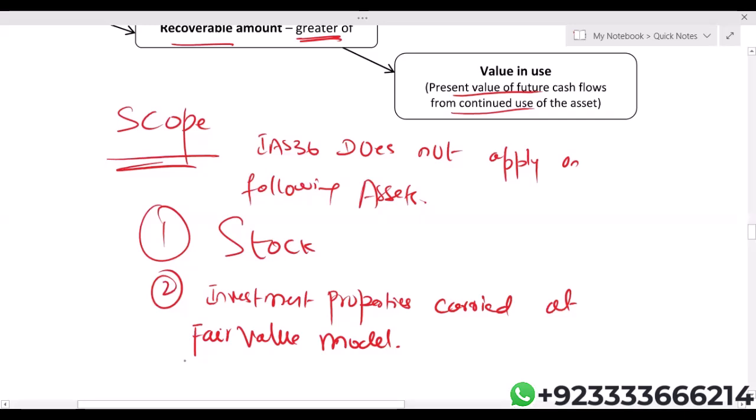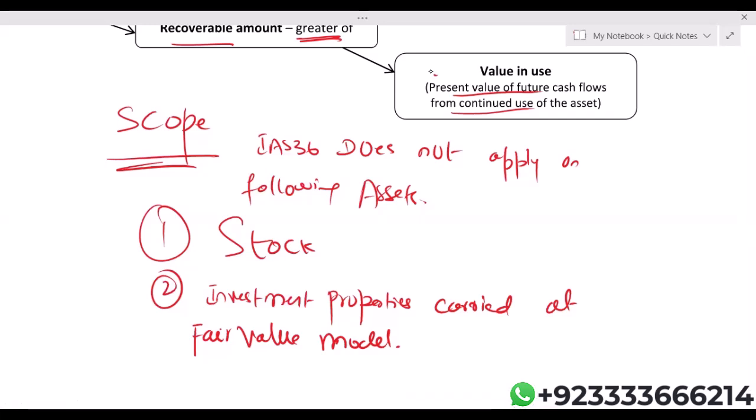There is another side also. If IAS 36 is not applicable on investment properties carried at fair value model, it means that for those investment properties carried at cost model, IAS 36 is applicable.